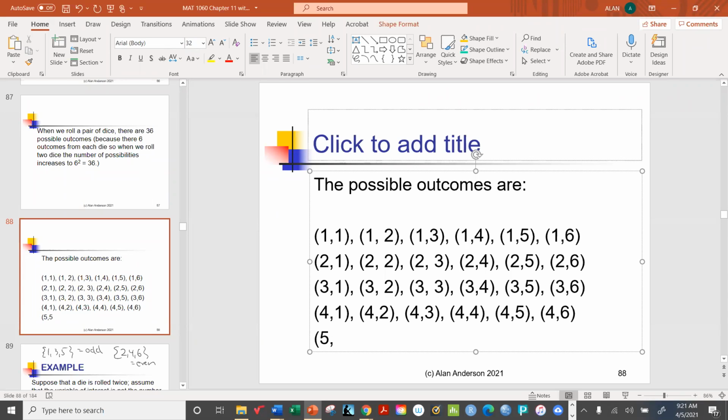Okay, I think you see where this is going. You can see there are indeed 36 of them.